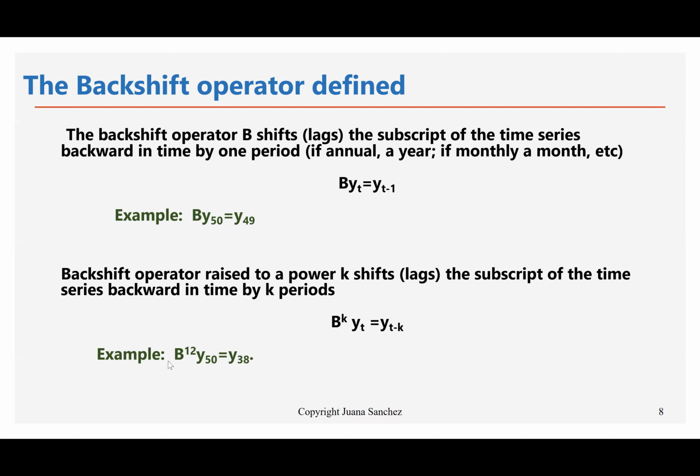For example, which we often do later on when we have seasonal monthly time series, we might be interested in the 12th power of the backshift operator, lagging the series by 12. So lagging the series that we observe at time t equal 50 by 12 puts us at the value of the time series at time t equals 38. Okay, so that's how the backshift operator works.